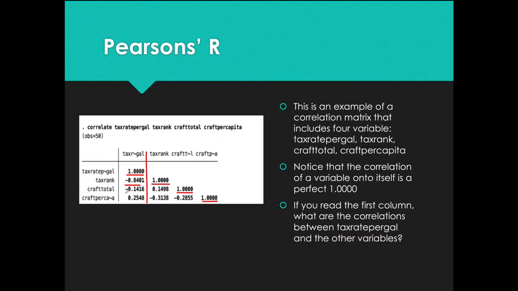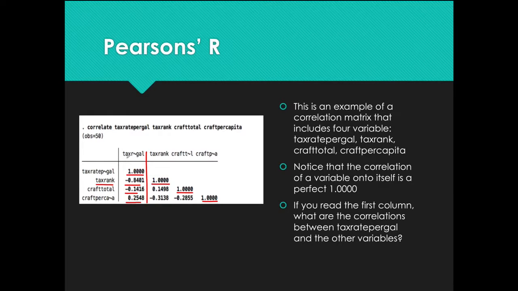To craft total, it is negative 0.14, and to craft per capita, it is a positive 0.548. So, on a scale from 0 to 1, this is quite strong. These others are somewhat weaker, and obviously these two are negative, this one is positive. So it's not difficult to read these tables.